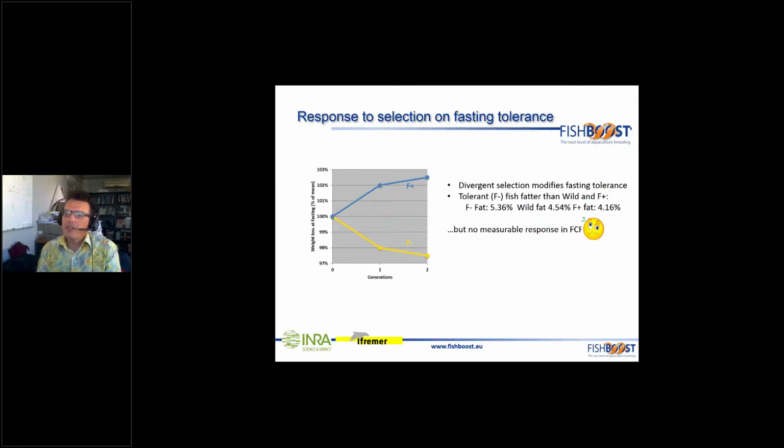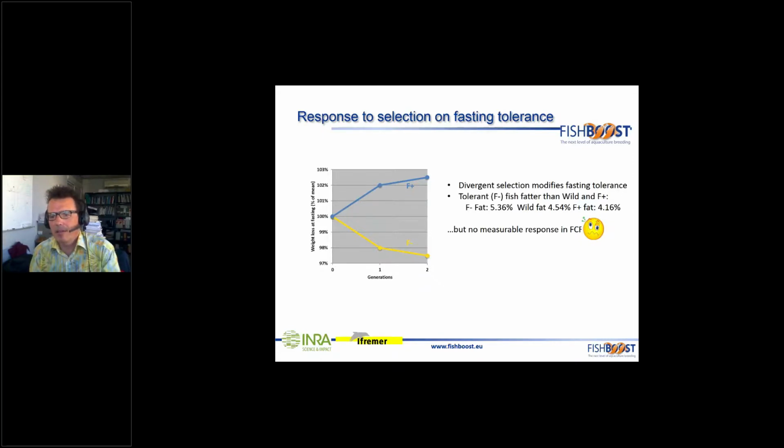We also noticed that the F- fish, the ones that lose little weight, are fatter than wild fish and fatter than the F+. So these are not very fat fish. You see the fat content is in the range 4-5%, but there is a clear difference between the animals, which is opposite to the difference that was seen in trout.